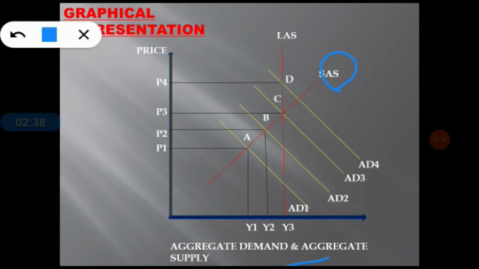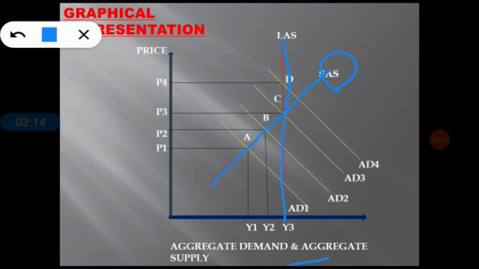The first one is the short run supply curve, and this is the long run aggregate supply curve. The long run aggregate supply curve is parallel to the vertical axis, clear? And aggregate output is fixed, achieved at the full optimum level.